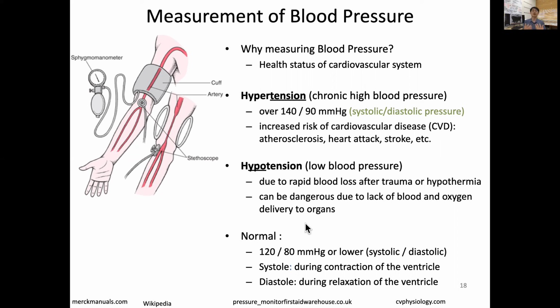So what is the normal range for blood pressure? It is a systolic pressure lower than 120 and a diastolic pressure lower than 80 mmHg.